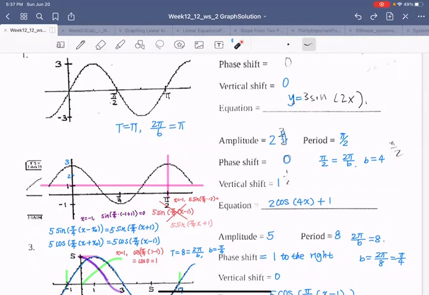And since the wave starts at the top, that means it's a cosine graph. Then you look at your period, which is pi over 2, so pi over 2 is equal to 2 pi over b. So b would equal 4. So your equation is 2 cosine parentheses 4x close parentheses plus 1.